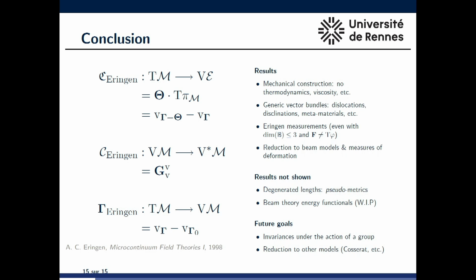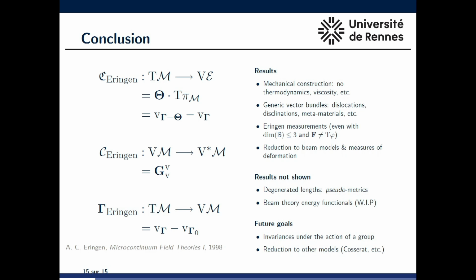Oh yeah, no, it's a good comment. Well, we haven't done the work, but we think that it's very likely that we can go back to Cosserat media by just doing a quotient of our space under the action of the group, and then we fall back to the principal bundle, and the configuration goes to the quotient, and everything goes to the quotient, and we have a transformation where instead of having a 3x3 matrix, you just have an angle, which is actually mentioned in the paper.